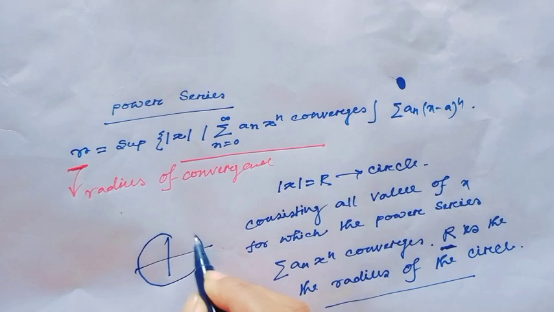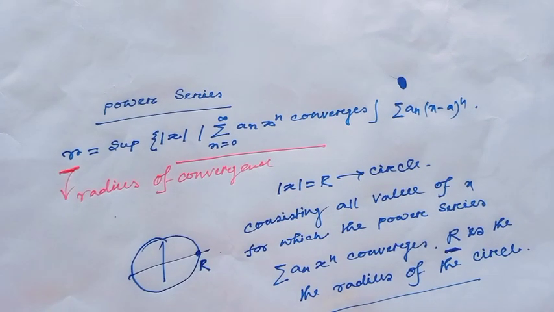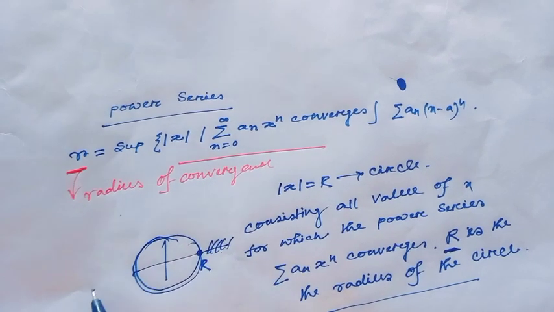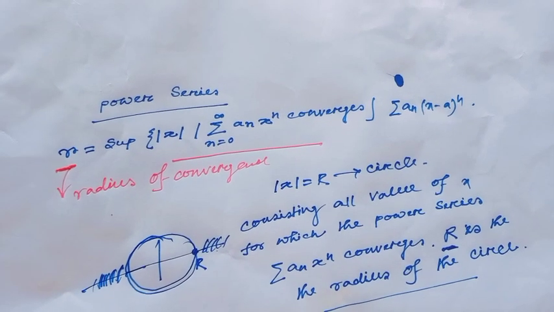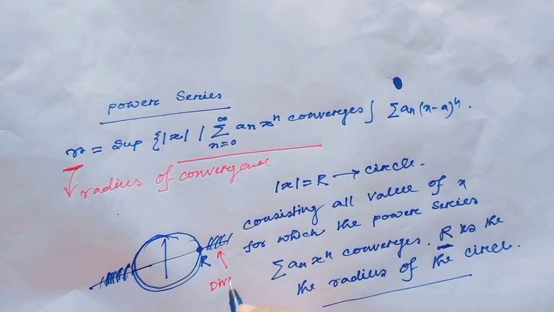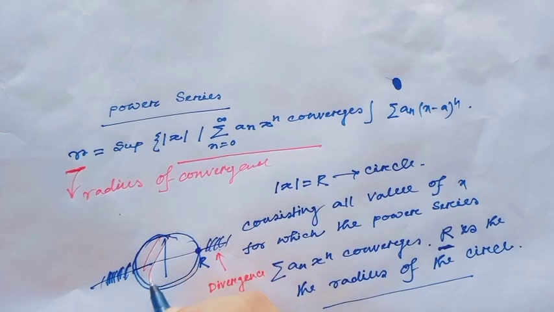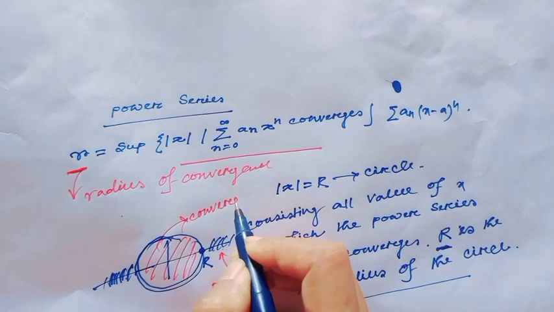this is called the radius of convergence, where r is the radius of this circle. That means if we consider this circle, r is its radius, and outside the circle the power series does not converge. Outside the circle the power series diverges, and inside the circle the power series converges.